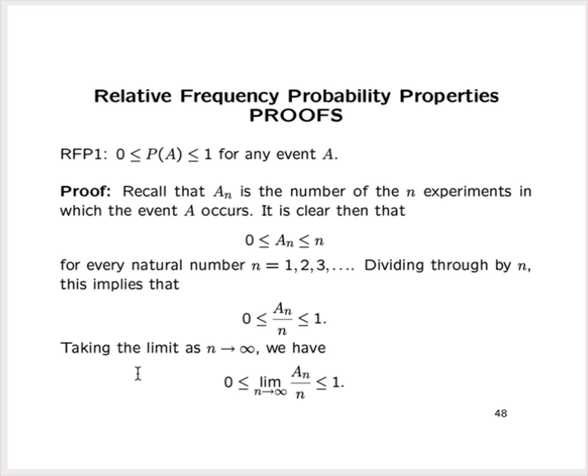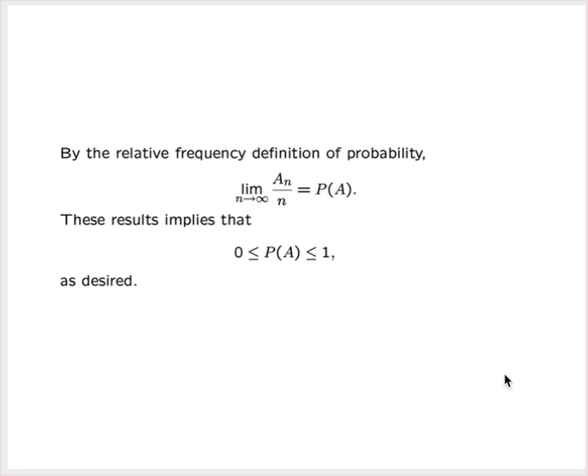And so when we take the limit as n goes to infinity, the limit of these relative frequencies is also going to be between 0 and 1. But now, what is this thing here in the middle? What is this limit? Well, that, by definition, is the relative frequency probability of A, assuming that the limit exists.